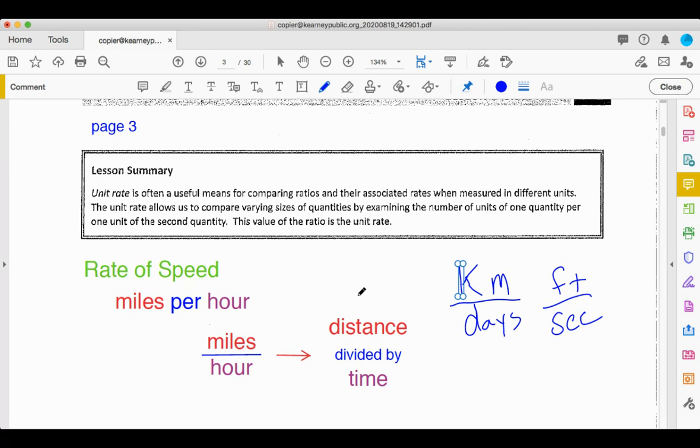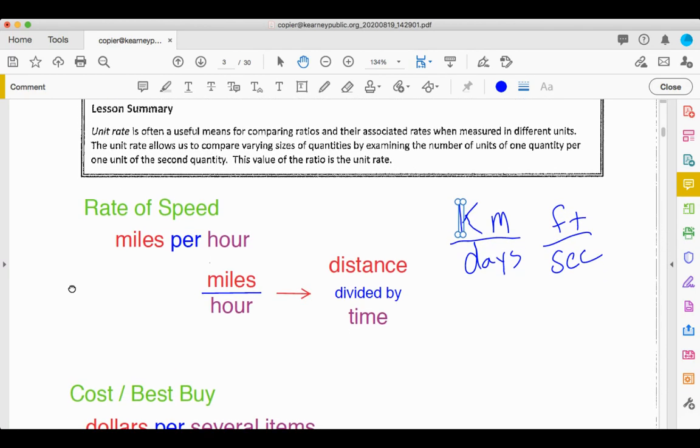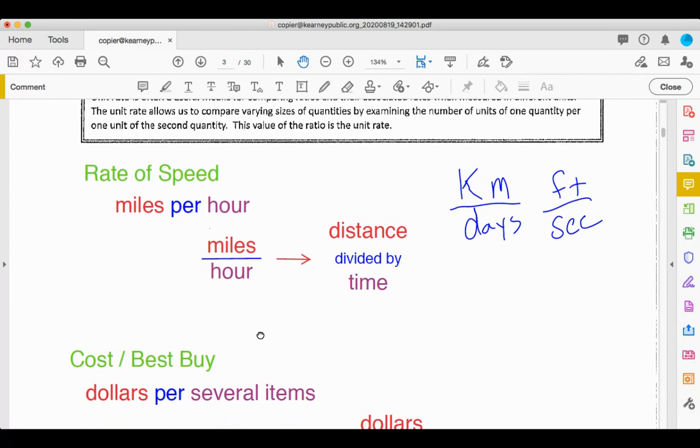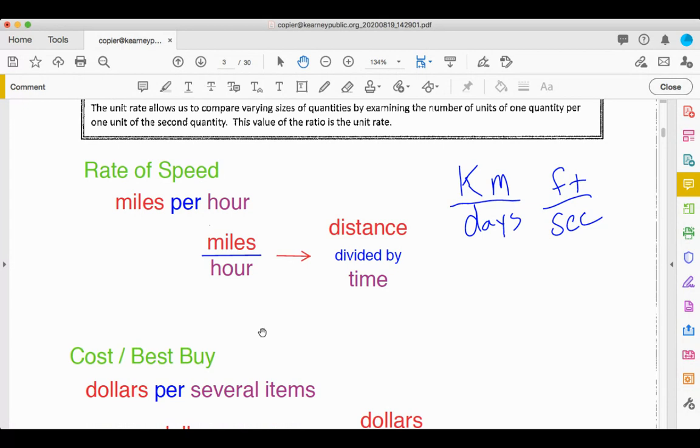Now, another type of rate that we're going to utilize is dealing with cost of items, when we're looking for the best buy of items. So when we're dealing with cost of something or finding the best buy, we're going to think this. It's always how many dollars per whatever items we're getting.